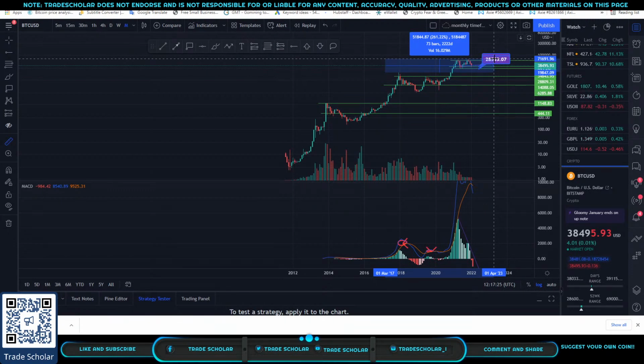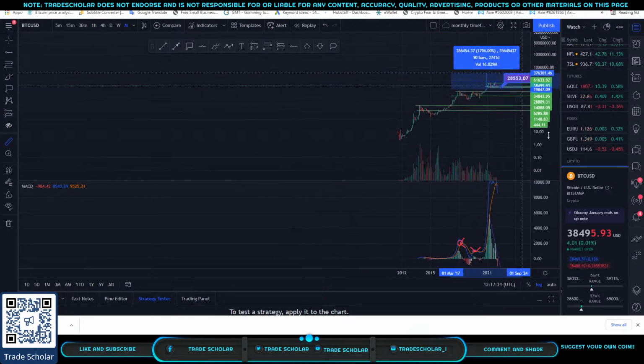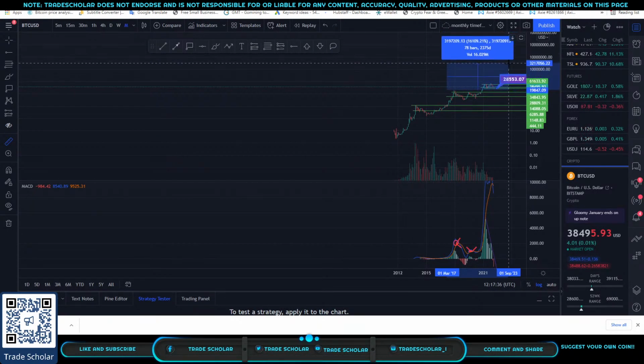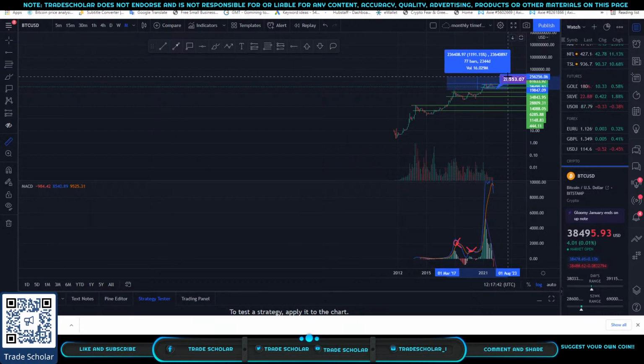Can you call it a bull run? It's just a beginning. So if it moves 1,000% for our bull run, to close, we can reach 225,000.